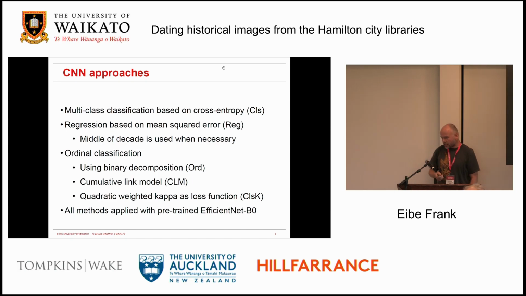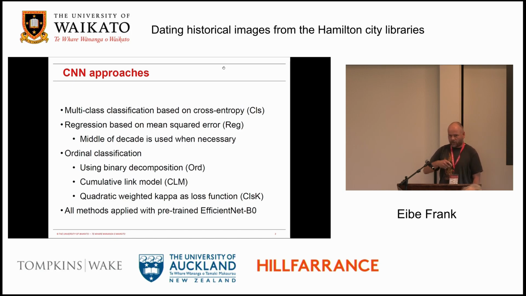For the decades, we used binary decomposition. We used an approach that's commonly used for logistic regression in the case of ordinal problems: cumulative link modeling, a proportional odds model. And then we also used a loss function that is related to the squared error, but defined for discrete targets, known as the quadratic weighted kappa.